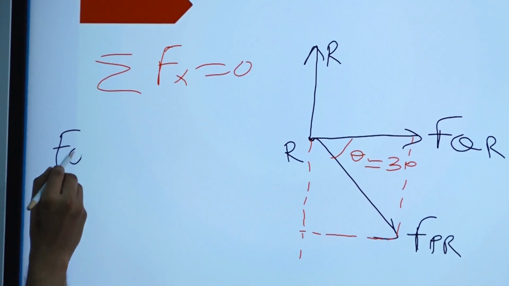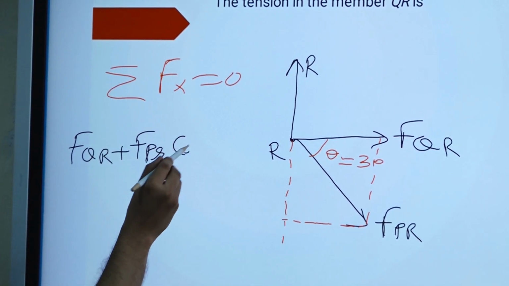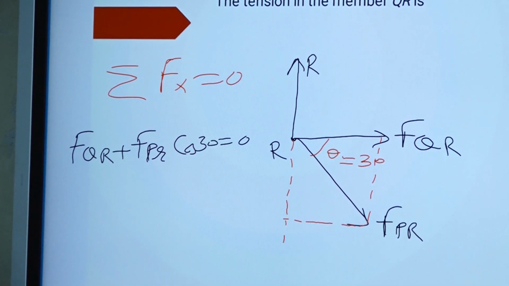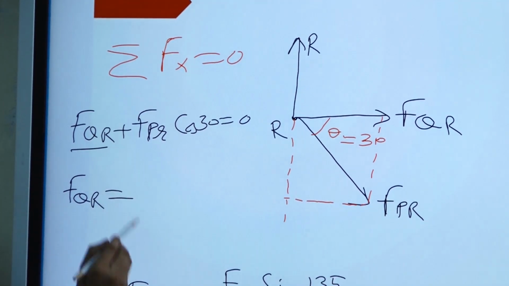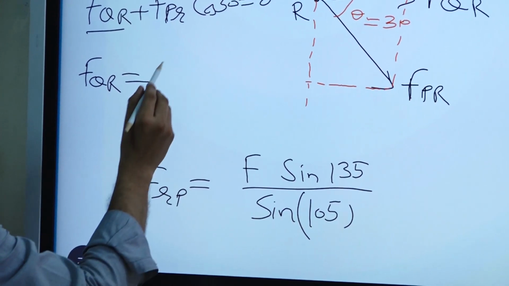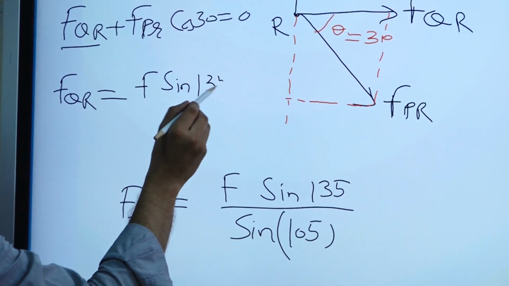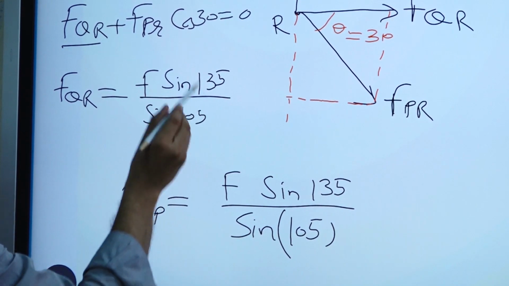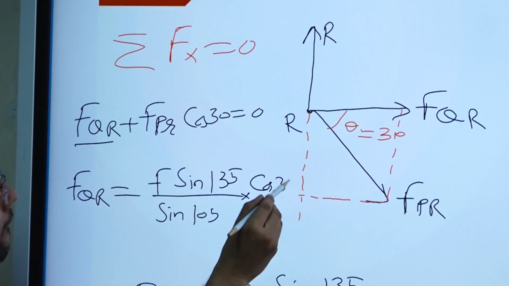So FQR plus FPR cos 30 will be equal to 0, right? So from here we can find FQR directly, that is the answer. That's what they are asking in the question, and FPR we can put from here: F sin 135 divided by sin 105. So this expression is FPR into cos 30, right?